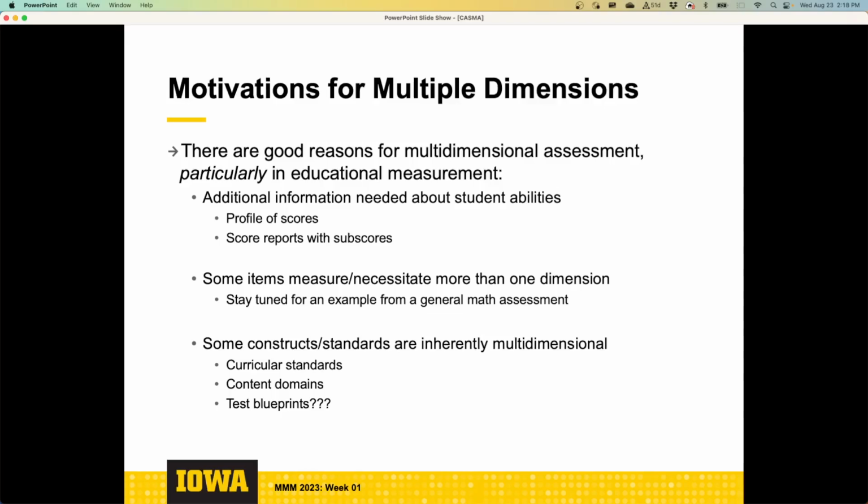Challenges that are difficult to overcome are, like in education, dimensionality could be related to age, opportunity to learn, and potentially other group characteristics. Not only that, you could create a multidimensional assessment all you want, but data will be the ultimate guide.